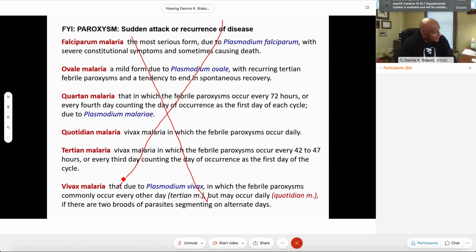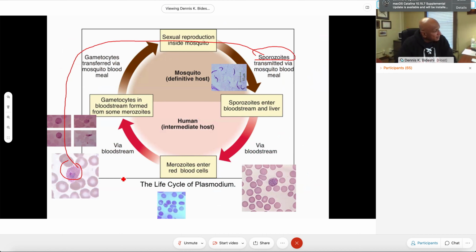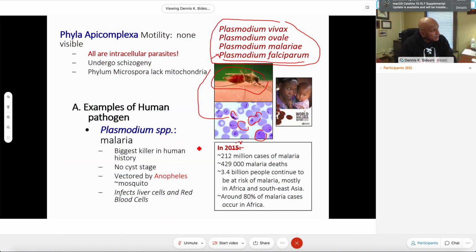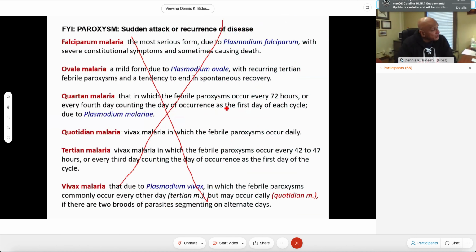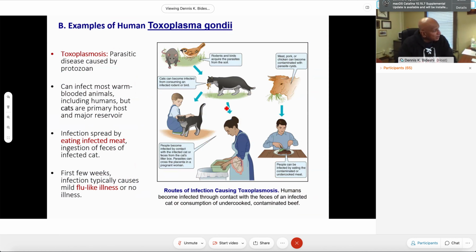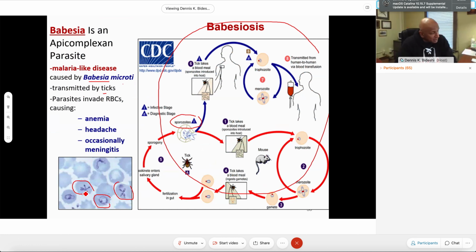Now, even though they look alike, let me go back to the Plasmodium slide. You see right here, this is red blood cells again. You see the parasites in the red blood cells. This is for malaria. Let me go back to Babesia. With Babesia, you do see parasites in red blood cells. Well, here's what you don't see. This is called a Maltese cross.